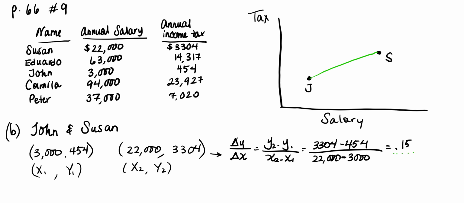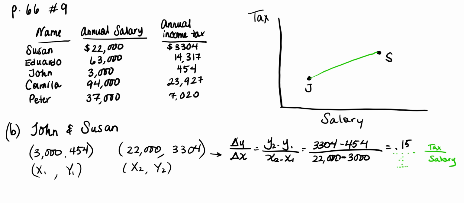So what this is telling us is that from the salary of John of $3,000, an increase of $1 in salary is associated with an increase in the tax that you have to pay of 15 cents.